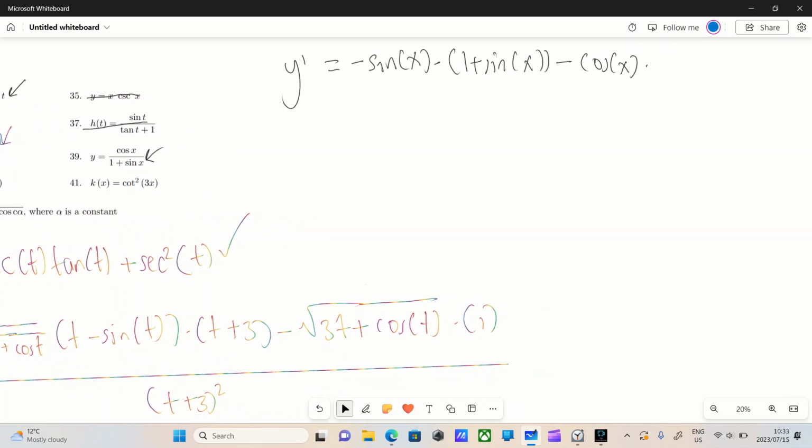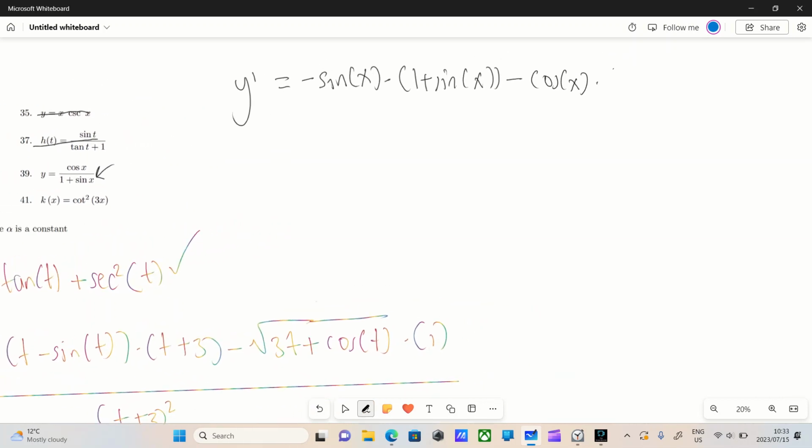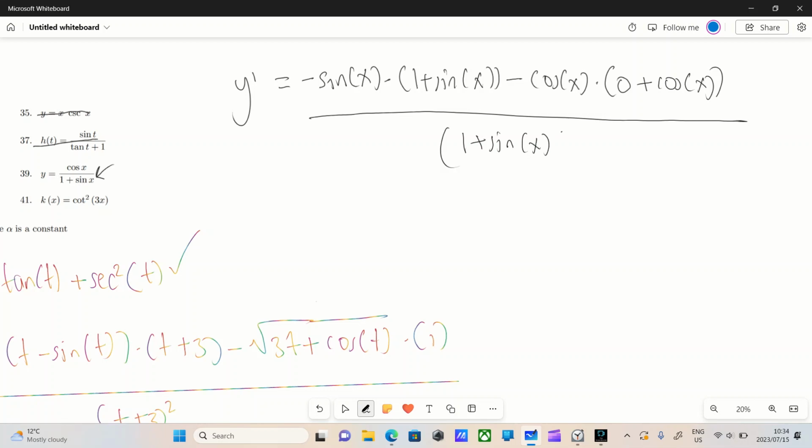Derivative of 1 is 0, plus cosine x, all divided by 1 plus sine x squared.